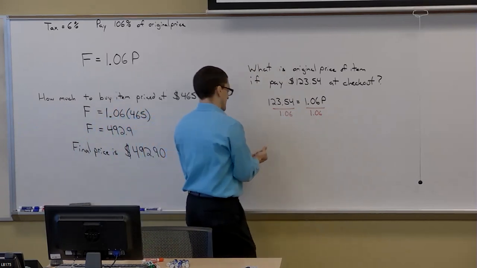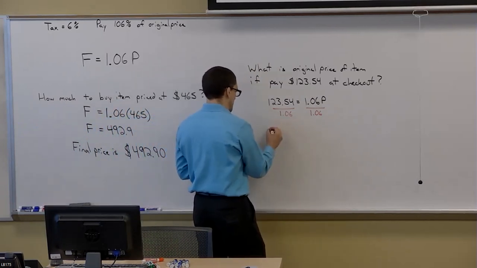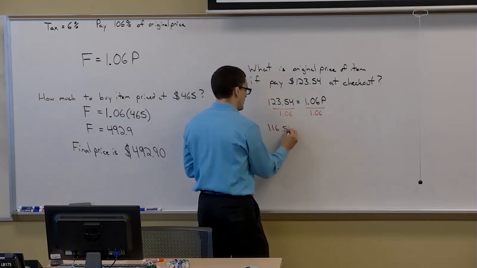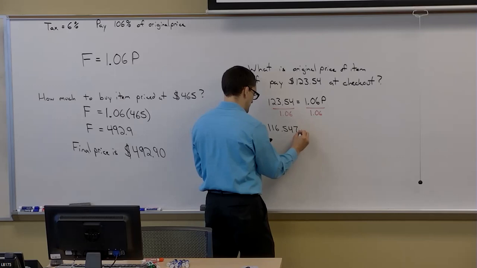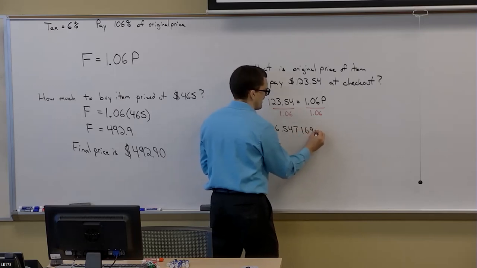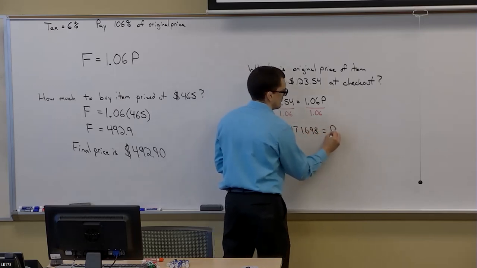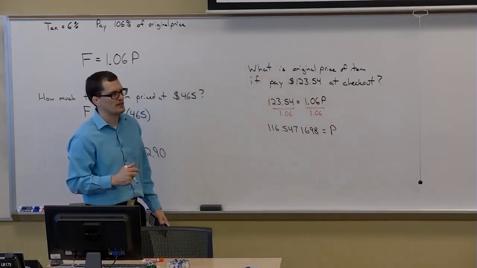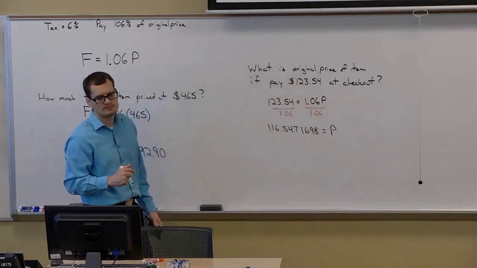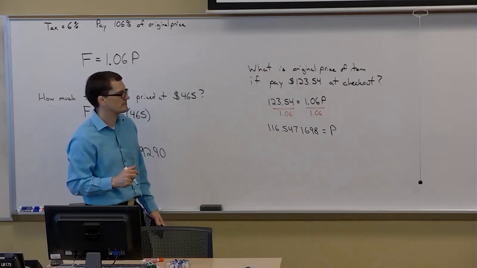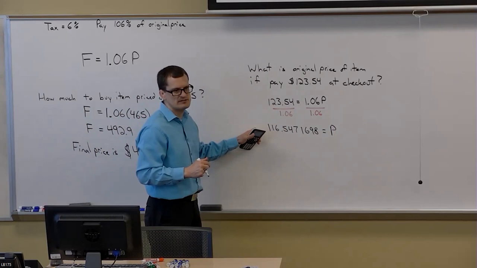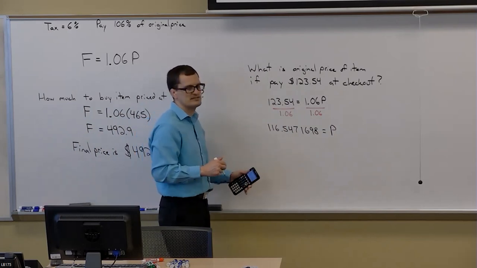And then when I do that, on the left-hand side, I get 116.5471698 equal to P. What do you suppose I'm going to do there? Well, since this is a monetary amount in dollars, I'm just going to round it to the nearest cent.